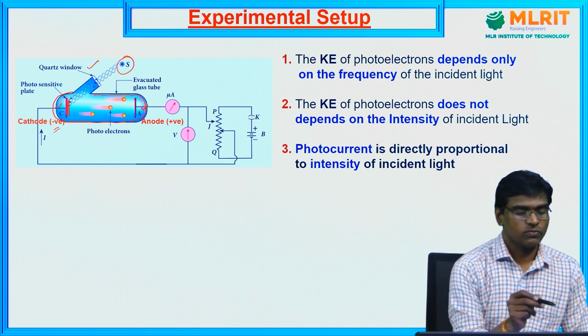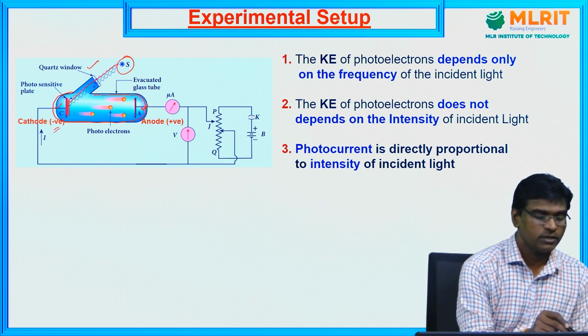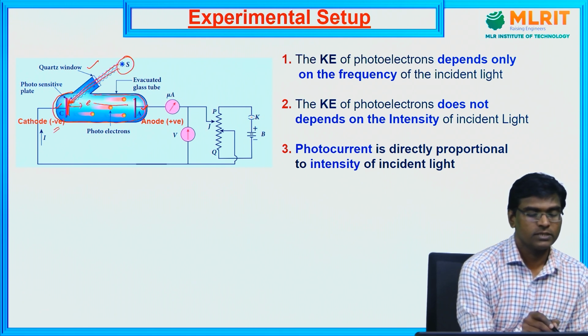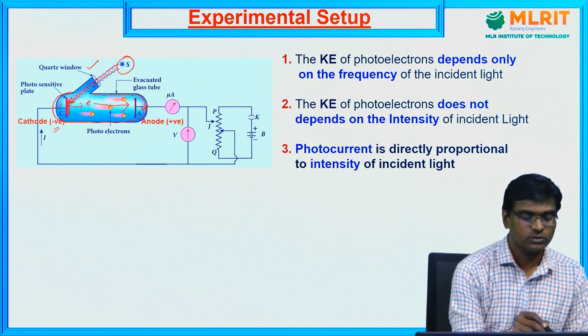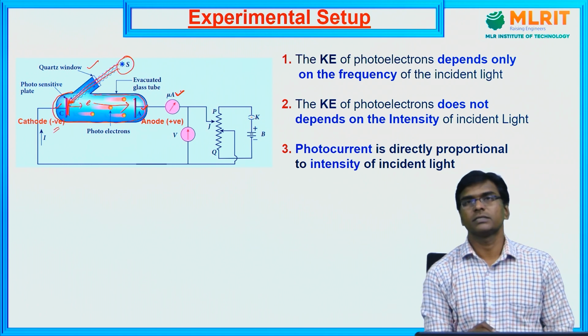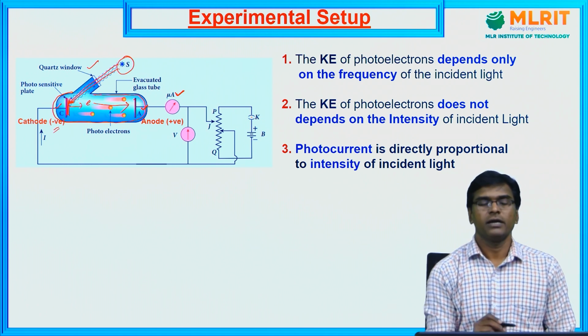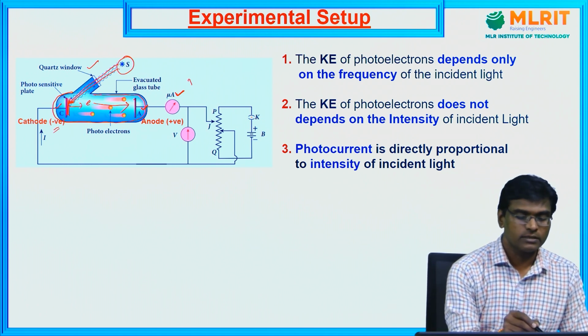Whenever you shine a light on this surface, electrons are ejected from the surface and reach the collector. When the electrons reach the collector, the ammeter shows the number of electrons arriving, which appears as a current in the circuit.